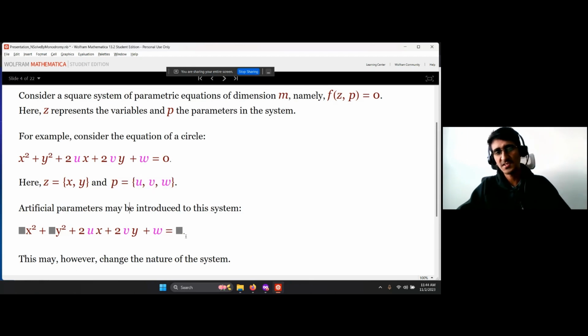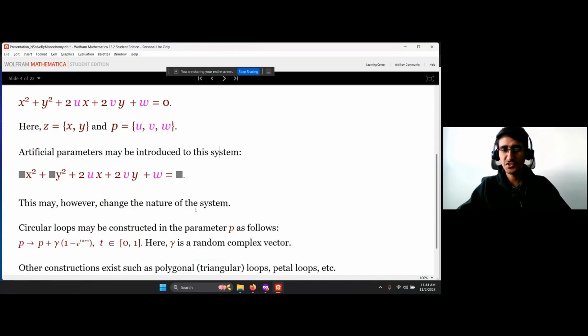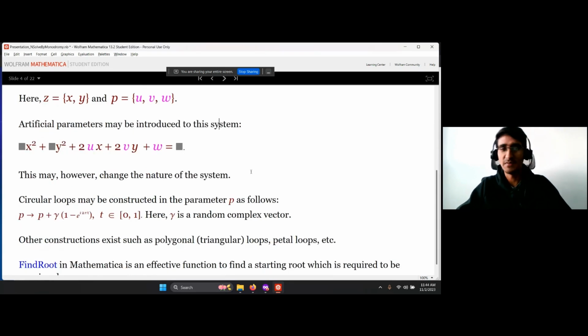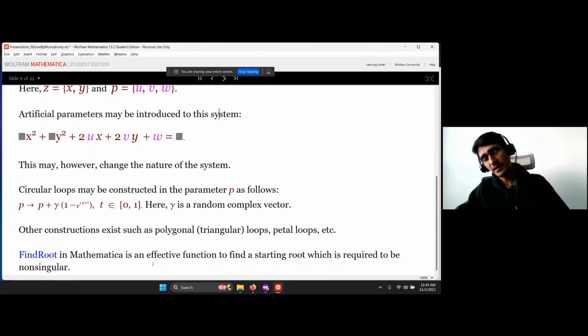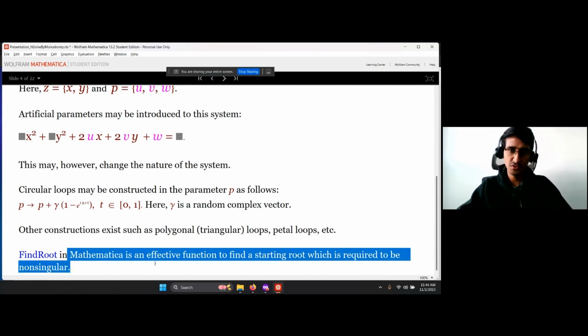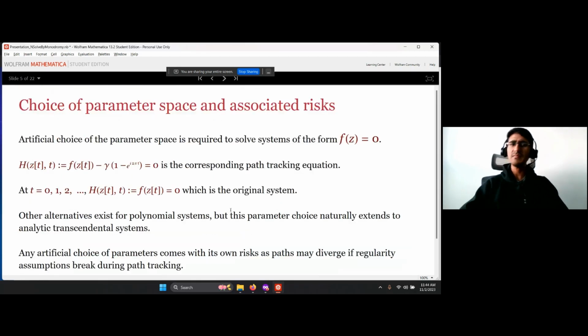But in some cases, you might want to introduce artificial parameters and conduct monodromy loops associated with the artificial parameter space. But when you do that in an artificial space, you lose some regularity assumptions, and that potentially causes issues. For identifying a start root, we actually use the FindRoot function within Mathematica to get a start root, and that's how we do this.